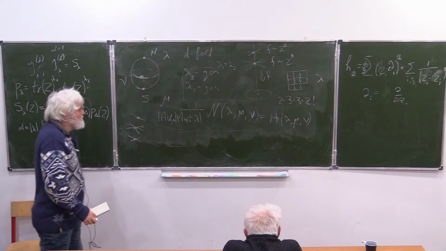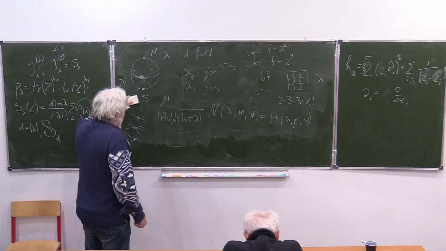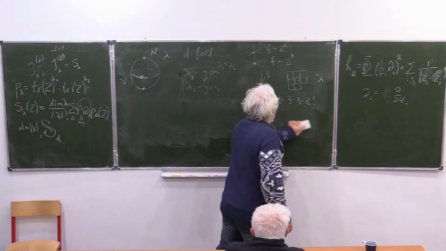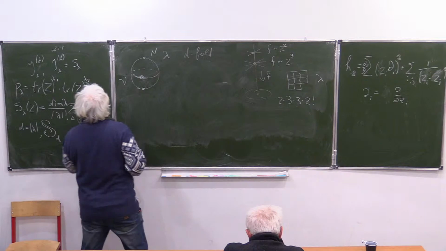Now, we have some picture related to it. Consider some complex matrix Z, n by n complex, actually Hermitian, in GL(n,C). Okay?